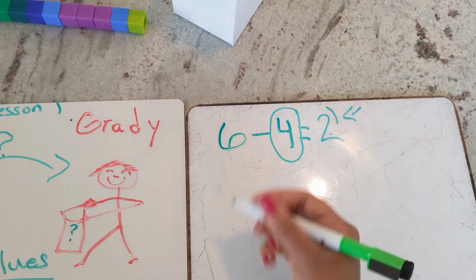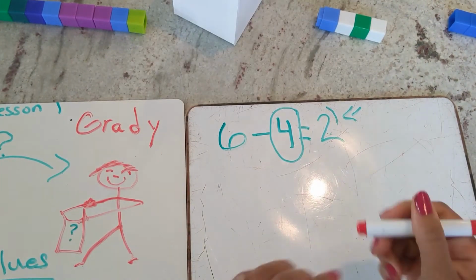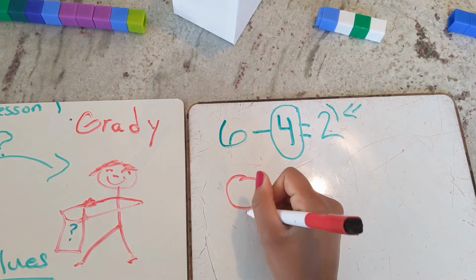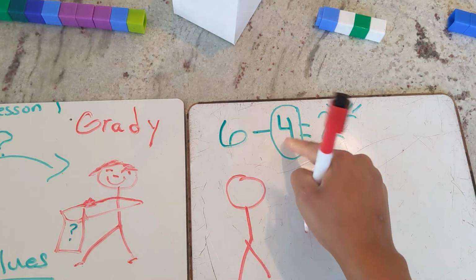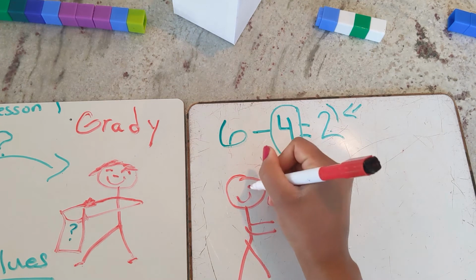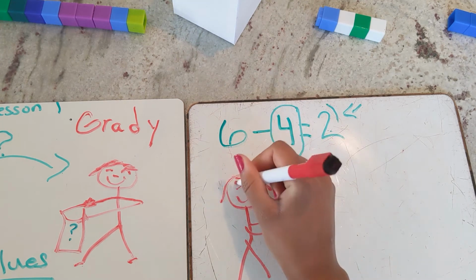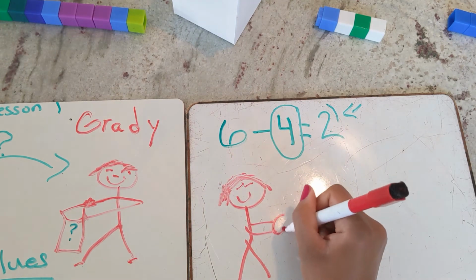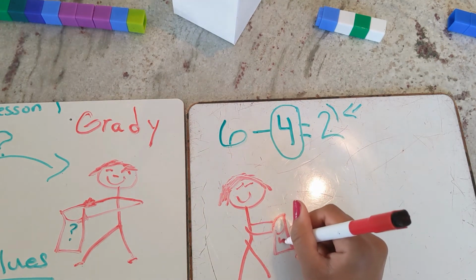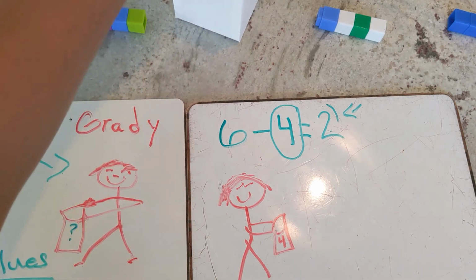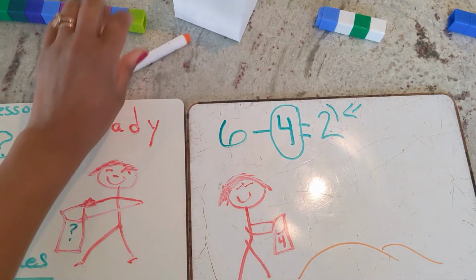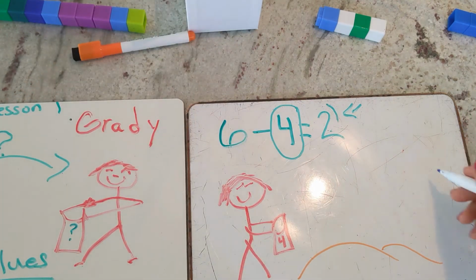All right, now Grady has these, how many? 4 seashells. And he's really excited about it. And he ends up taking his seashells, his small collection, to a beach. And on the beach, he finds a lot more seashells. A lot.